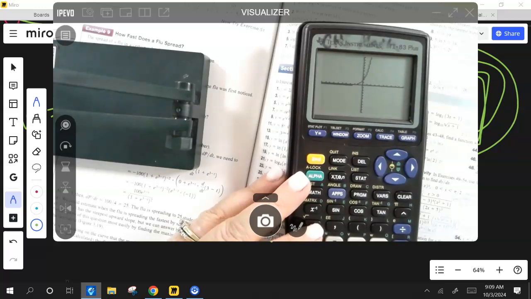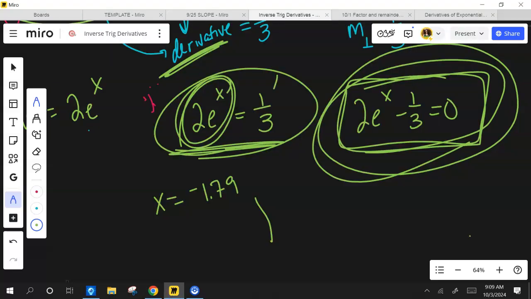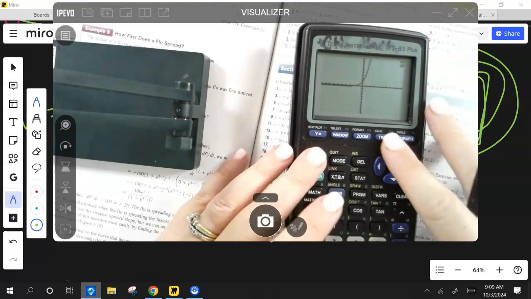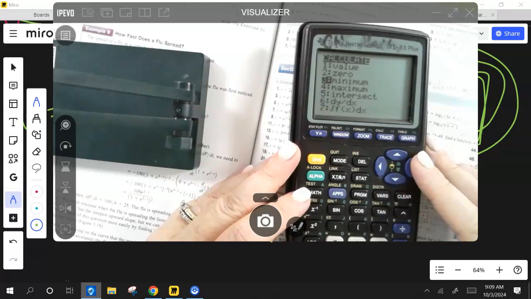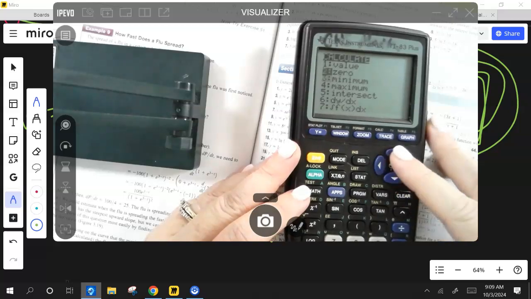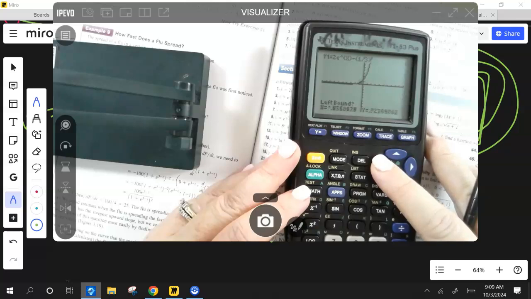I just subtracted the 1/3 over and made it equal 0. I plugged the right side of the equation in for y2.